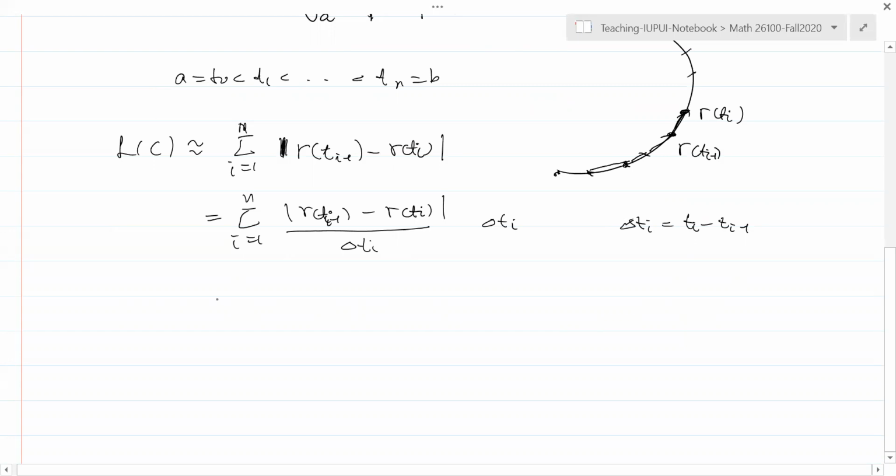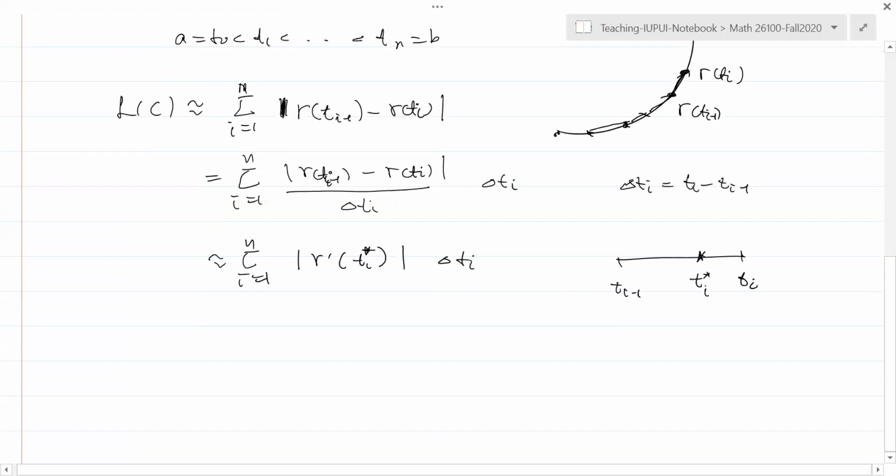You can show, in mathematics, by the mean value theorem, that this quotient is equal to the derivative at another point, let's call it t_i star, in between t_{i-1} and t_i. So there's a point t_i star somewhere, such that this quotient is the value of the derivative at that point.